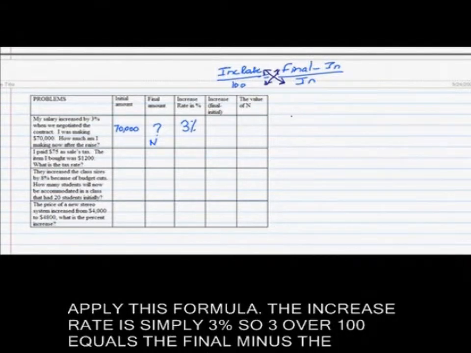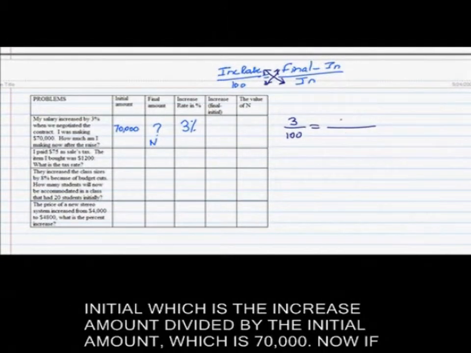The increase rate is simply 3%. So that means 3 over 100 equals the final minus the initial, which is the increase amount, divided by the initial amount, which is 70,000.